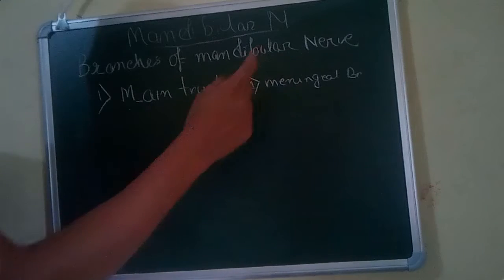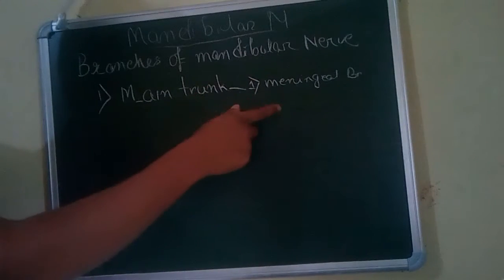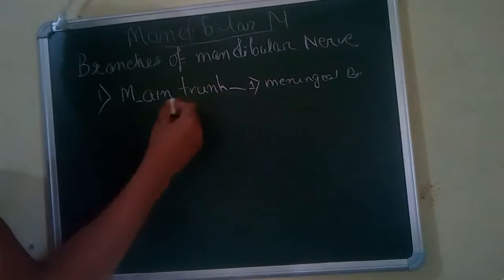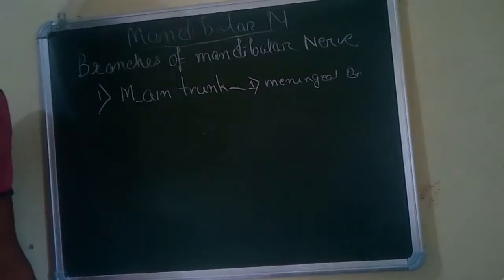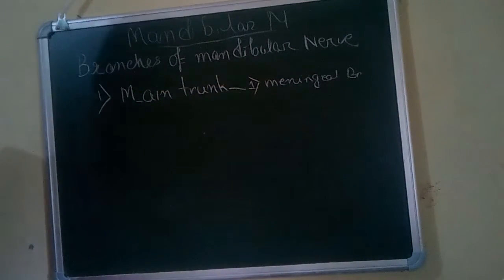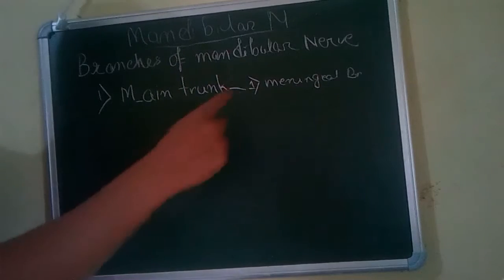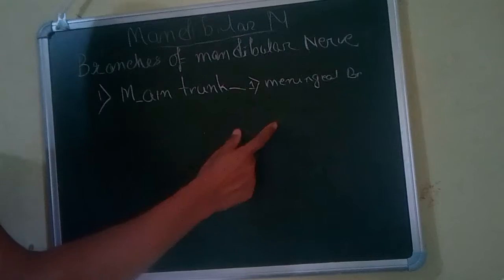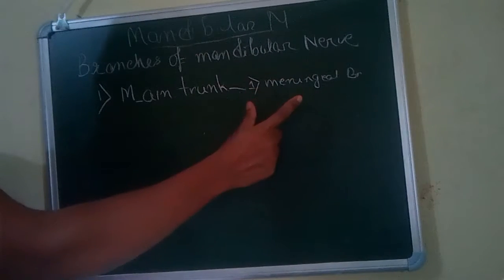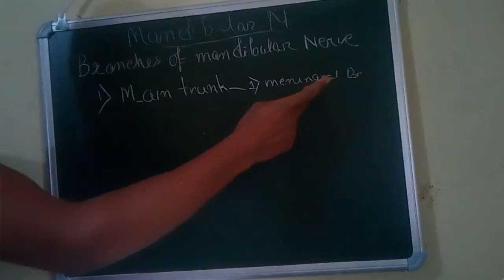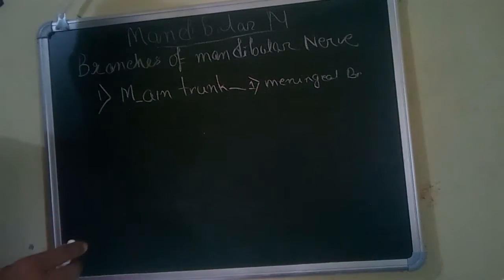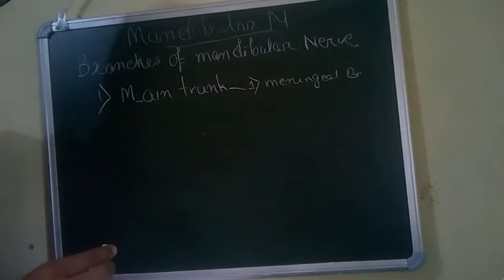It enters the middle cranial fossa along with the middle meningeal artery through the foramen spinosum.